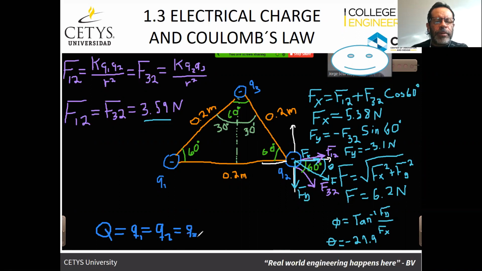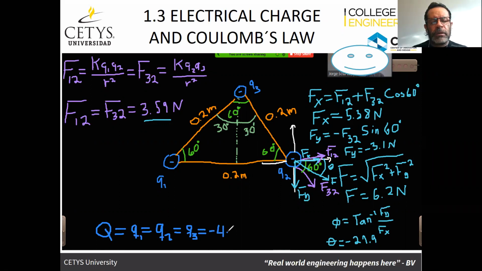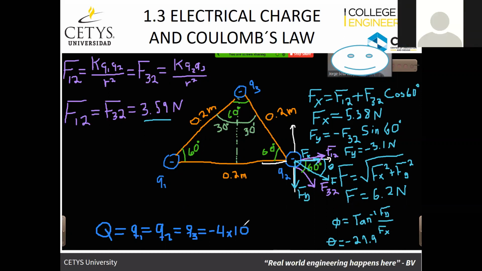Paulina, you said 4 times 10 to the 6. So it's minus 4 times 10 to the minus 6, right, Paulina? No, it's positive, but I don't know if that means that it's negative.